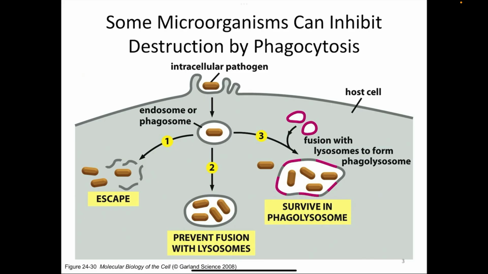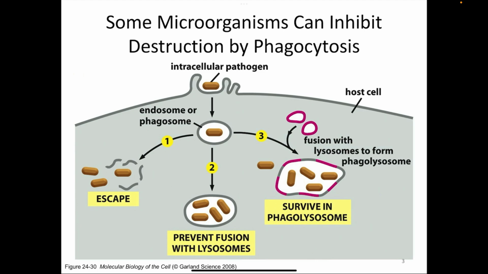There are other microorganisms that make proteins that interfere with the process of destruction in the phagosome, either by preventing that phagosome from fusing with other compartments or by generally modifying the phagosome. They basically make the phagosome a nice happy home for themselves and don't get degraded there.